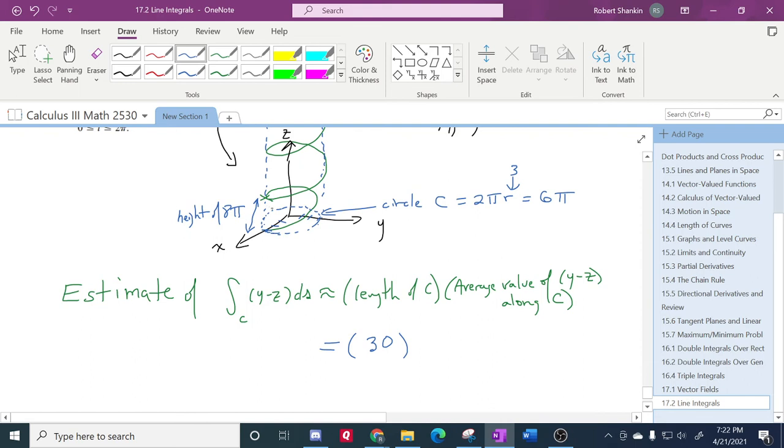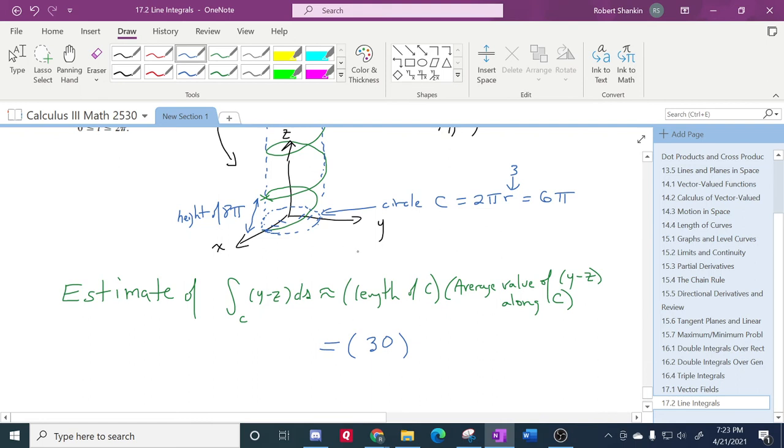So my guess was going to be that whatever our length is, it's somewhere between 6 pi and 8 pi, because we only make one turn around the circle for moving 8 pi up in height.